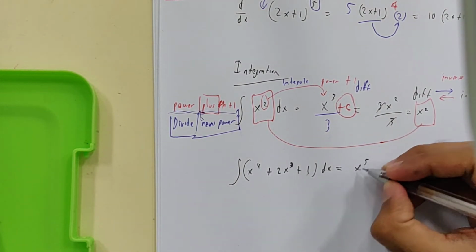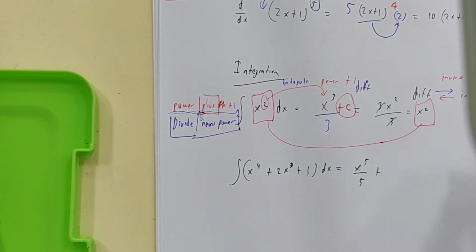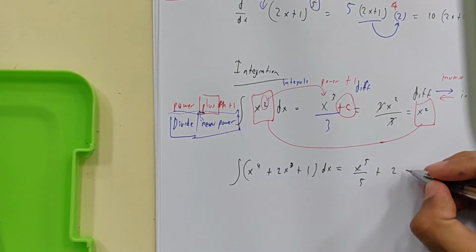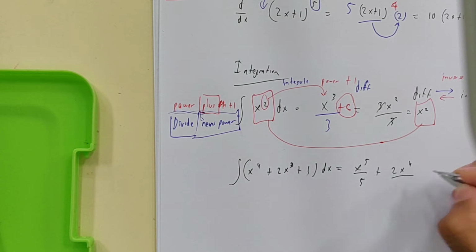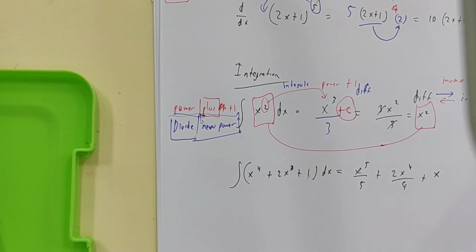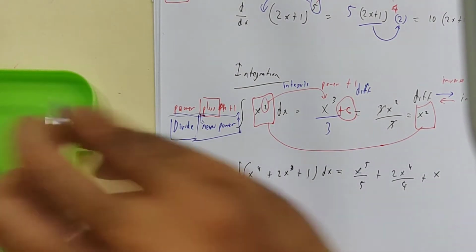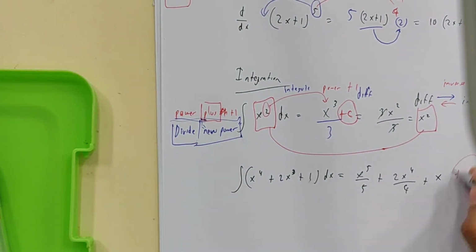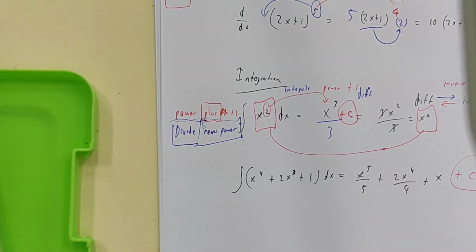Okay, so x4 becomes x to the power 5 over 5 plus 2x4 over 4 plus what about 1? 1 becomes x sahaja. Are we done? Plus c. Don't forget. What happened? You forget your plus c? Minus 1 mark in exams.